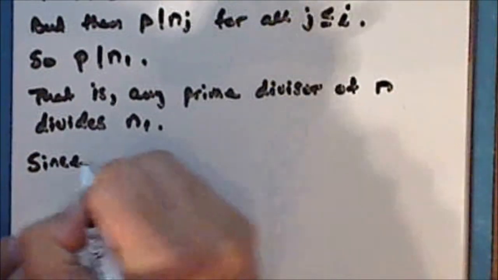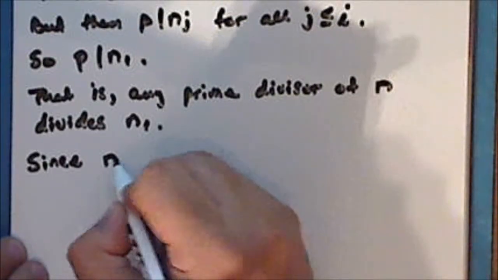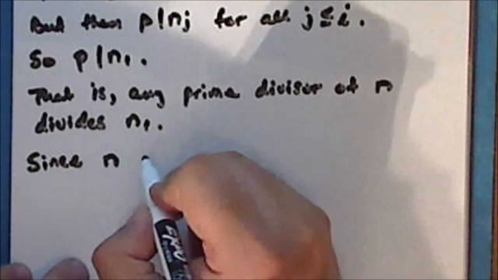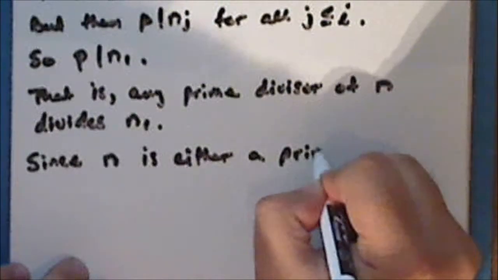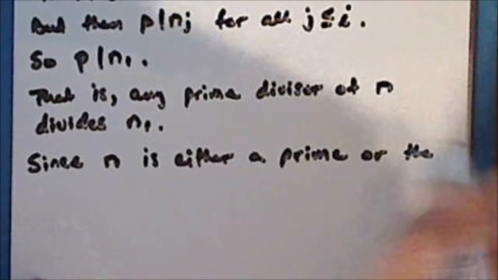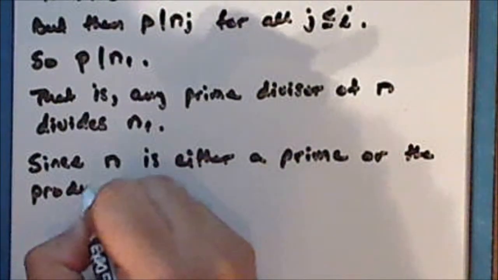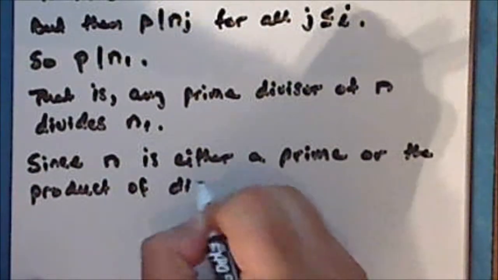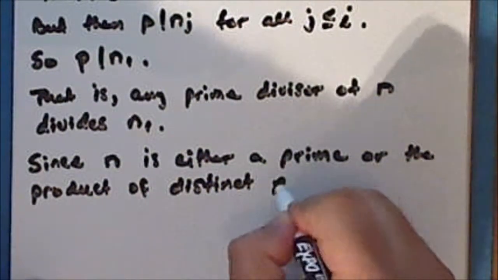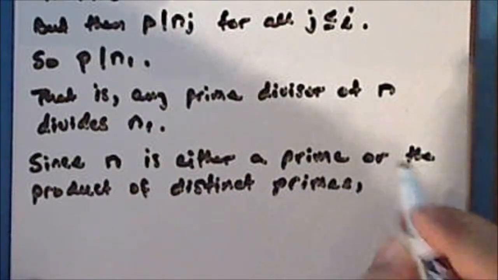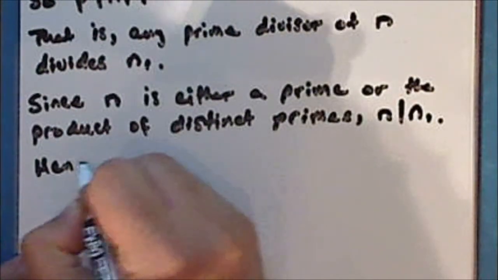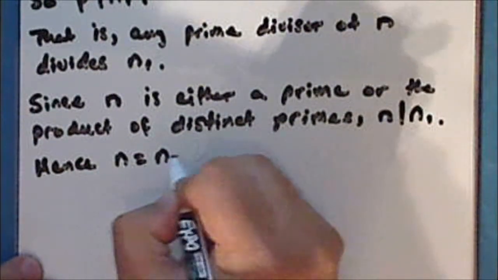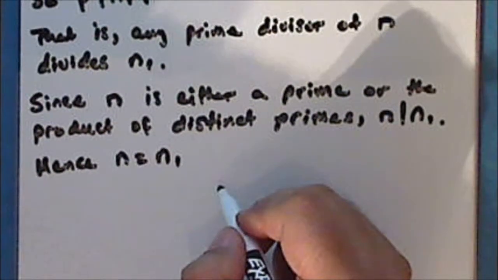Now, since the integer n is a square-free integer, and hence is either a prime or the product of distinct primes, we have that n divides n sub 1, the first invariant factor, and hence n is equal to its first invariant factor and its only invariant factor.